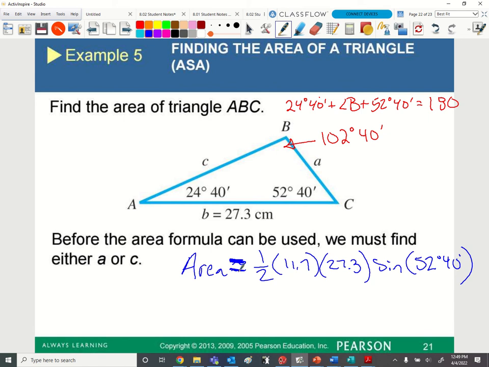So plug that in your calculator right now. In the calculator, right?